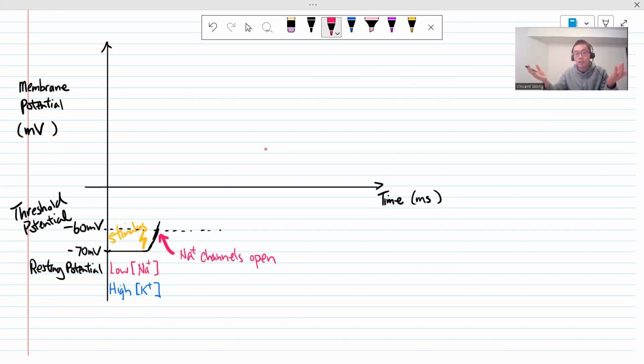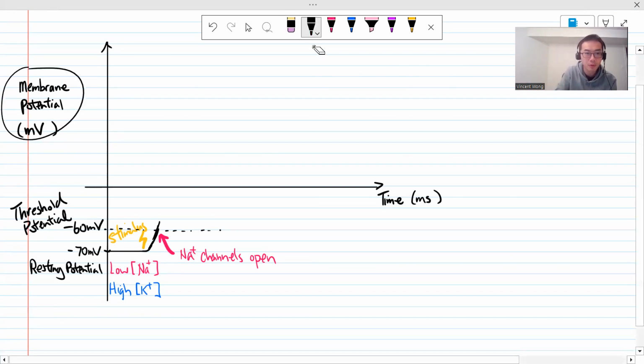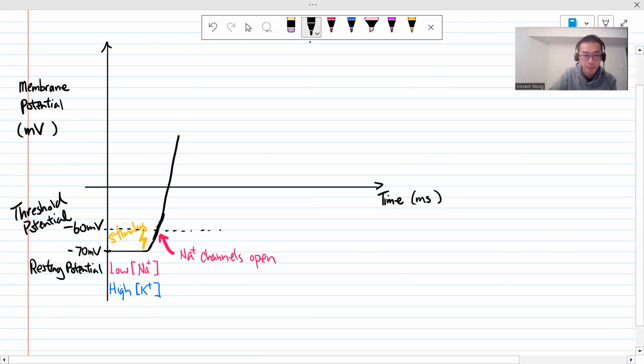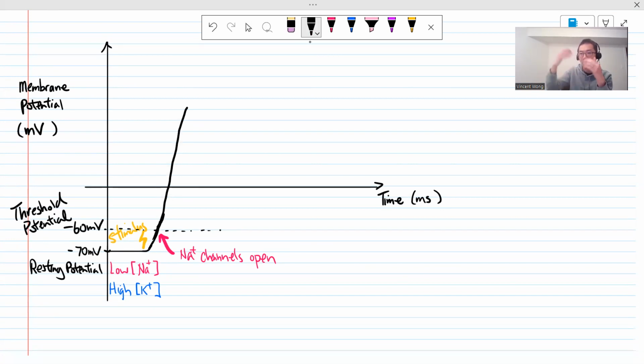And with the opening of the sodium channels, a lot of sodium is going to be coming in. Going to keep on coming in, right? And what is that going to do to our membrane potential? We were at negative 60, but with all these extra positive charges coming in, it's going to keep on going up, right? It's going to dilute the negative. It's going to make it more positive. And it's going to keep on happening until 30 millivolts.